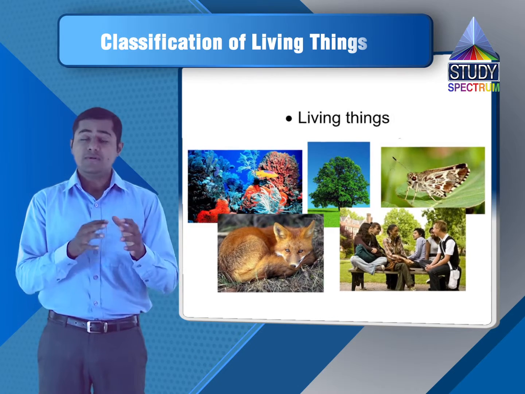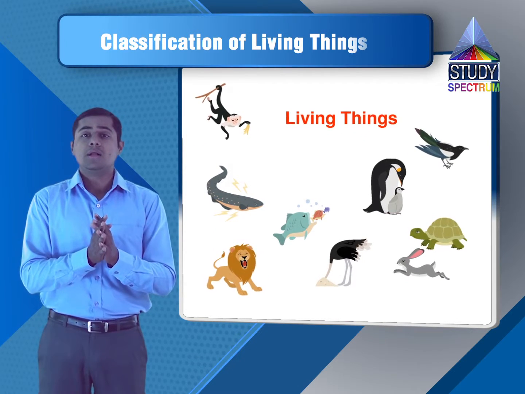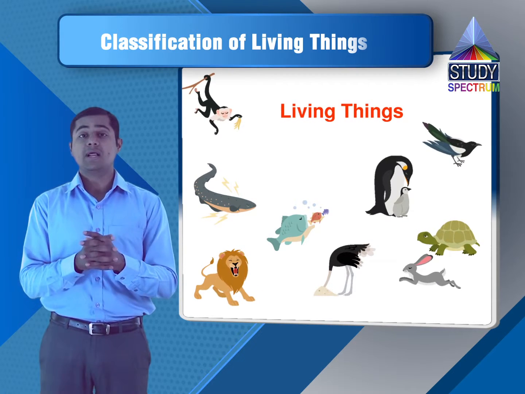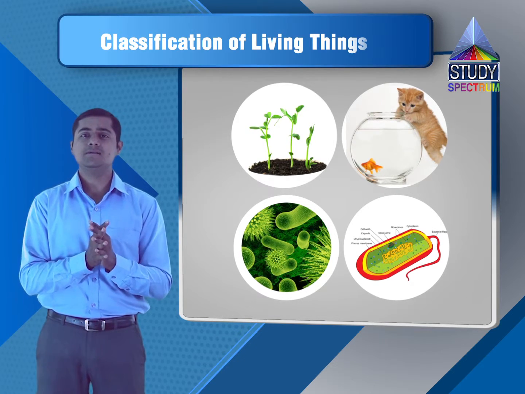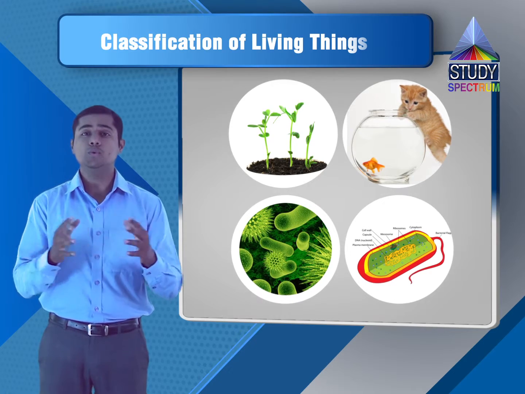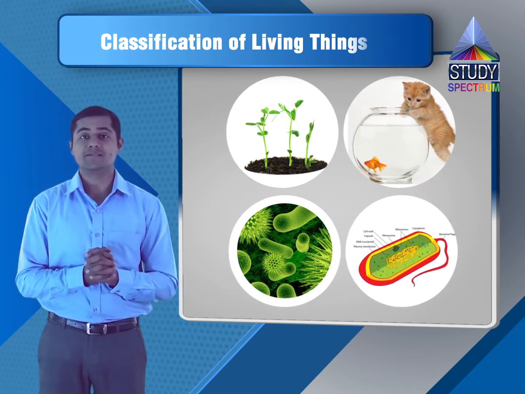Now, when we start thinking about living things, there are so many of them, right? Starting from each and every plant to each and every animal, to microorganisms, to unicellular animals, there is a huge diversity, a huge variety of living things.